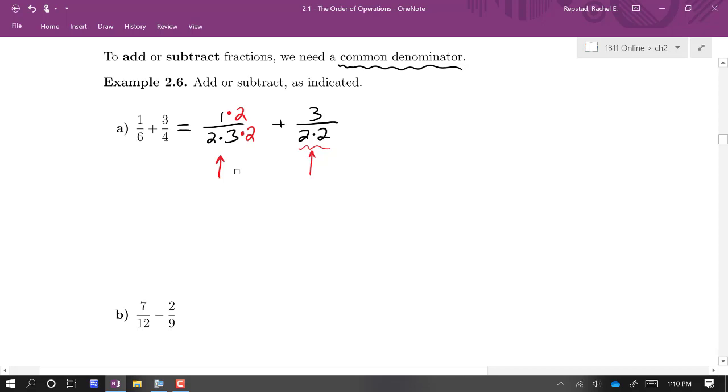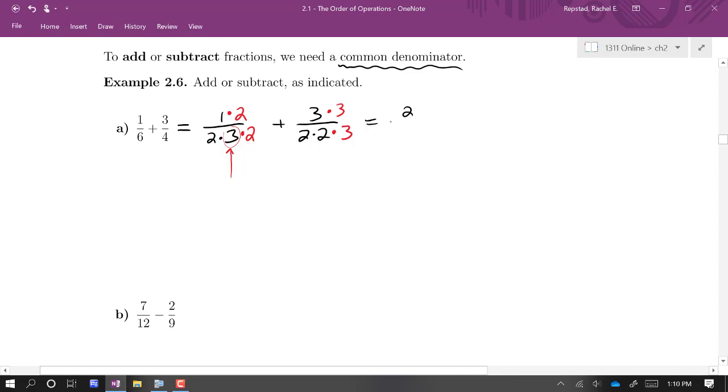And then I turn around and I ask the same question going the other way. What's present in this first denominator that isn't in the second one? And that's this factor of 3 right here. So that needs to pick up a 3, and I'm allowed to give that a factor of 3 as long as I also multiply by 3 up top. So now let's rewrite these two fractions.